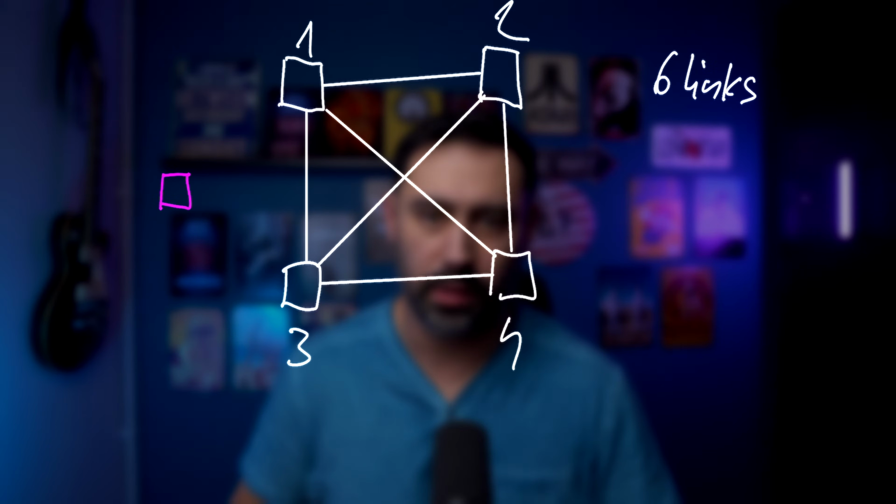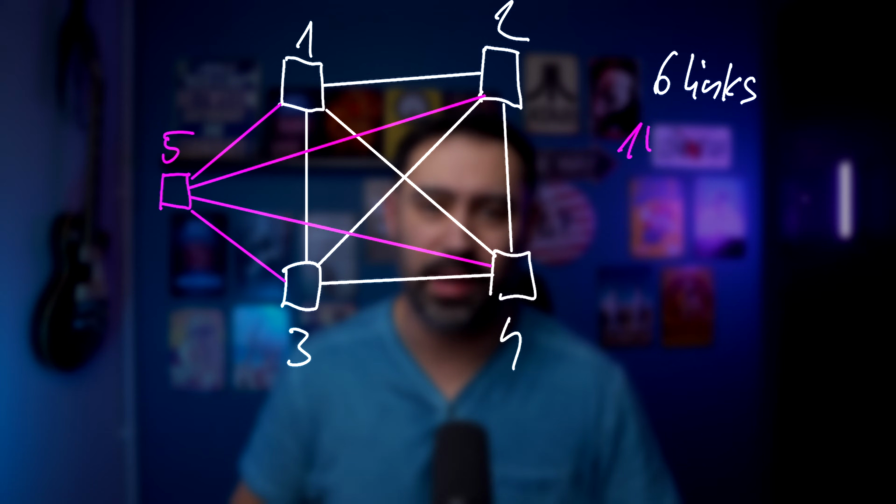However, the implementation and maintenance of a full mesh can be complex and expensive, as the number of connections grows rapidly. We went from 6 links to 10 links just by adding one more node. Just for that reason alone, a much more common approach is a hub and spoke topology.